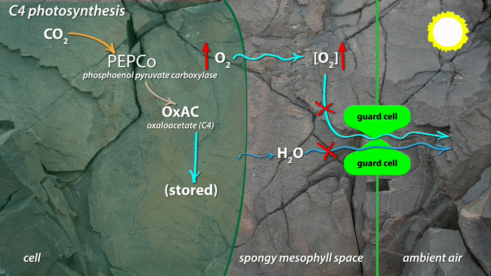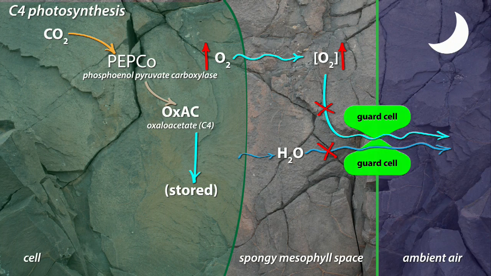The increased oxygen concentration in the cell does not block carbon fixation, as it does in C3 plants, because PEPCO is not susceptible to photorespiration as Rubisco is. Carbon fixation, therefore, proceeds apace, storing the fixed carbon into oxaloacetate. At night, when the light reaction is no longer generating oxygen, the stomata can open, allowing the built-up oxygen to leave the leaf.